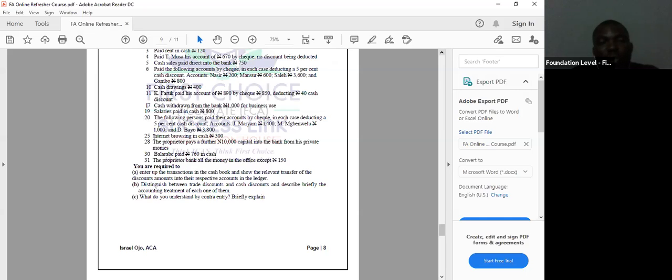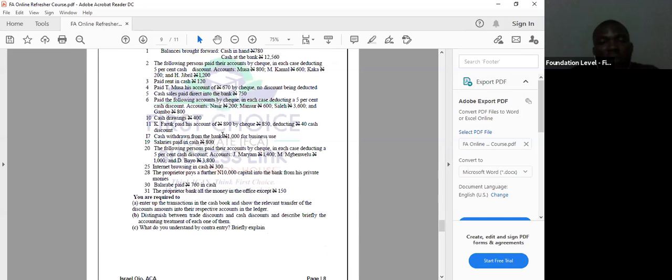Then we have also cash withdrawn from the bank of 1,000 for business use. Now, this cash withdrawn from bank is a contra entry. Contra entry in the sense that the transaction will occur both on the debit side and on the credit side. Now, the question is, who is receiving? Who is giving?